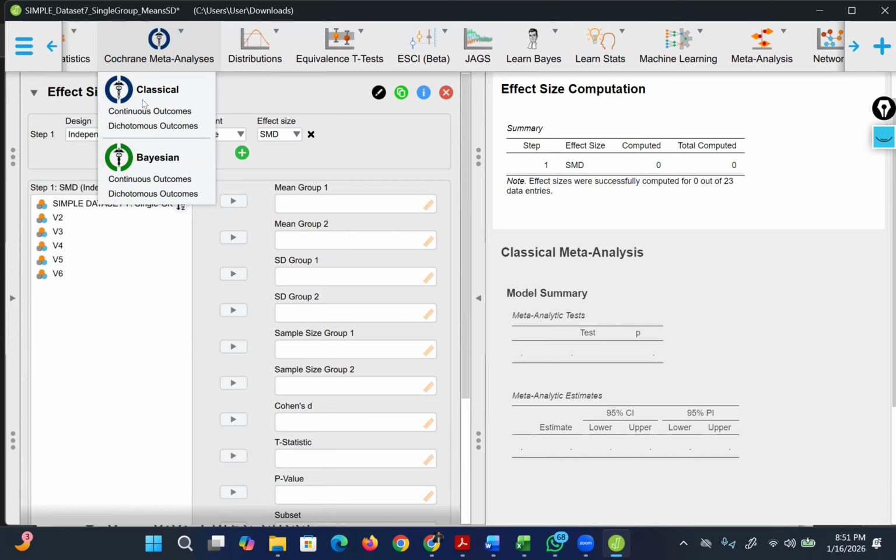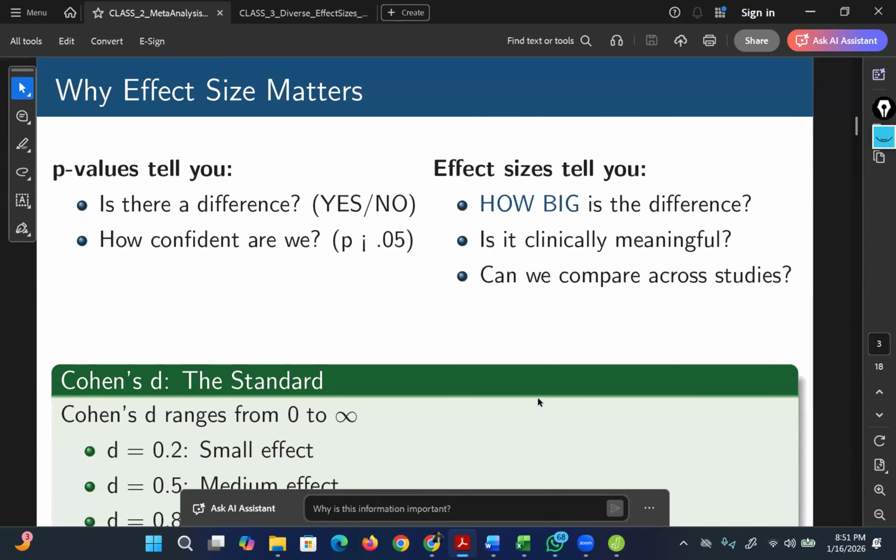So many studies, hundreds and thousands of studies, are already installed in this particular software. So JASP gives a comprehensive understanding of meta-analysis. No other software has this type of huge resource, both in classical and Bayesian perspective. So it's very interesting, and we will study this hopefully in this course.